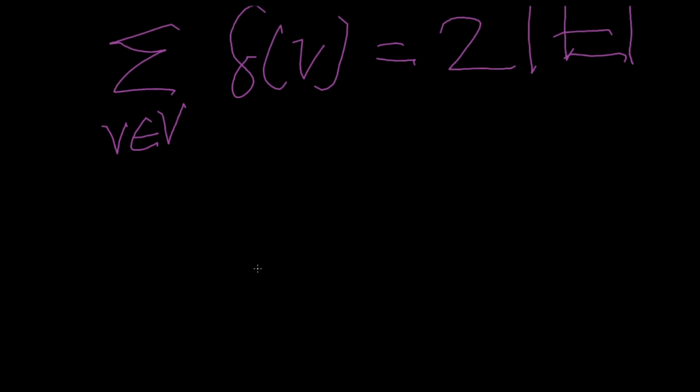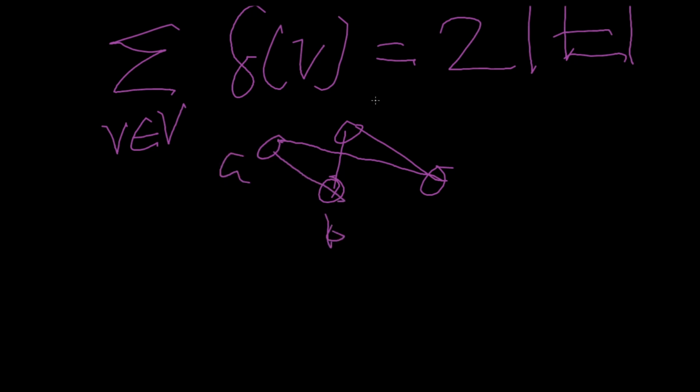And let me just give you some intuition about this. Say we have a graph that looks something like this, maybe. Call it A, B, C, D. And A will have a valence of 2, B will have a valence of 2, C will have a valence of 2, and D will have a valence of 2.